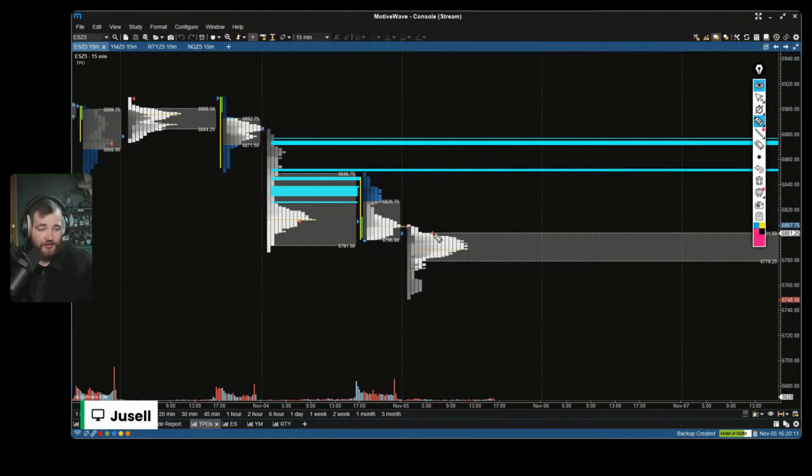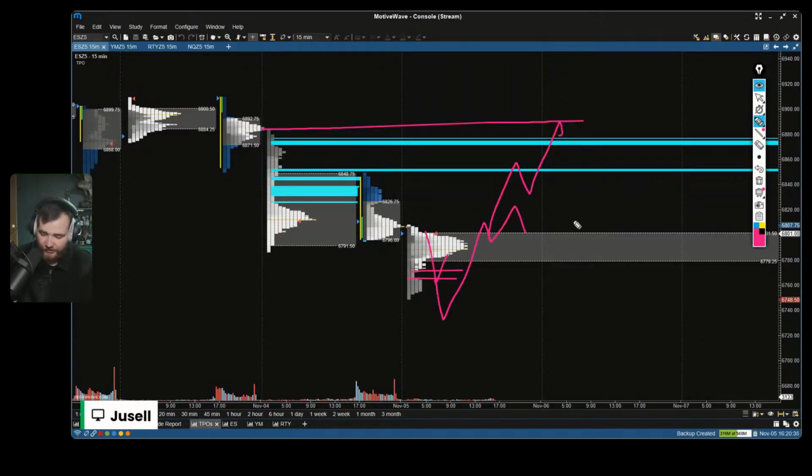All right, so scenario one is that we push down, reject at this specific level, or we even run the overnight low into the previous close and possibly even up here into these single prints. Who knows, if we have a crazy day with volatility, we could even take out this level, but that would be a humongous move.